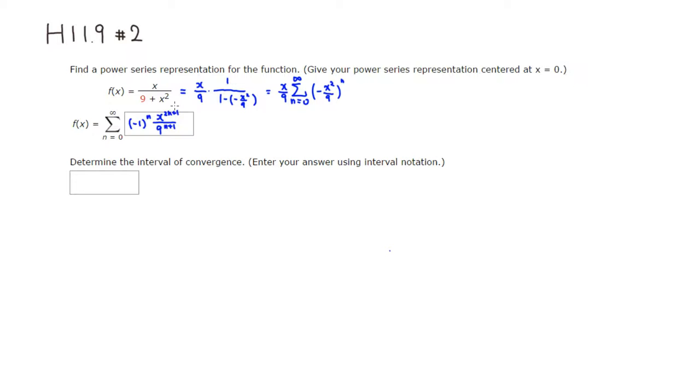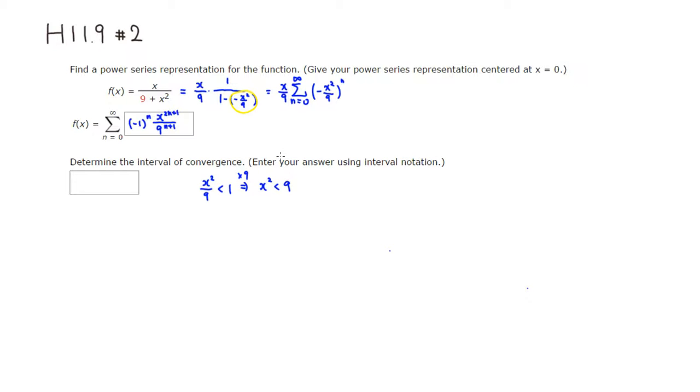Then we want to find the interval of convergence. So let's do that. Our value shows up right here. We want the absolute value of that, so the negative sign is gone. So x squared over 9 is less than 1. Multiply both sides by 9, you have x squared is less than 9.